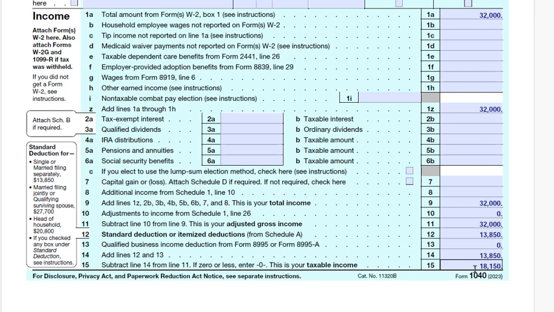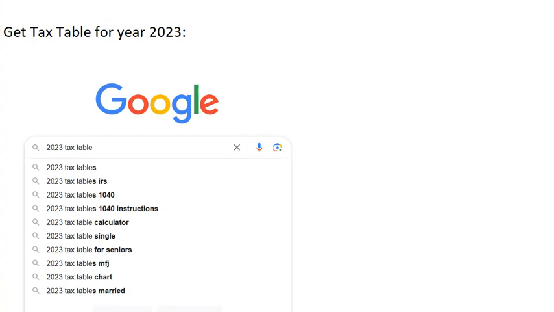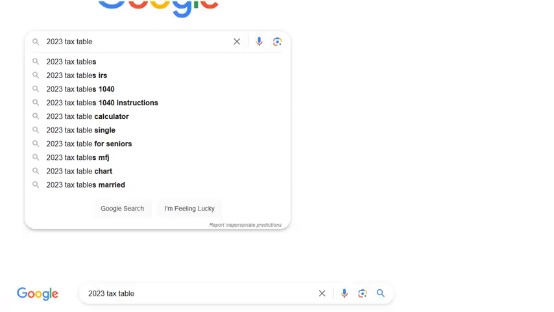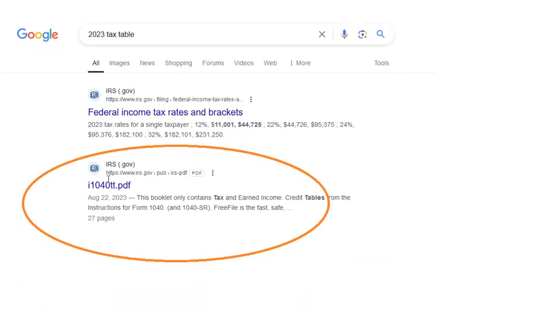And so now we need to figure out the tax liability for this taxable income. To get the tax table for year 2023, we can Google it. So, 2023 tax table. And we'll get this link.